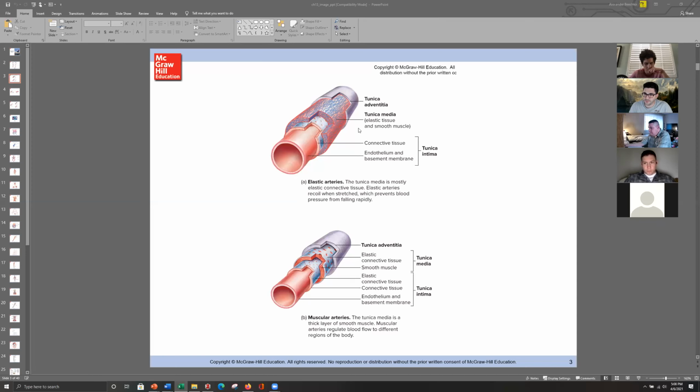So this is where we have the smooth muscle that makes up kind of the tension component of the vessel, right? So this will be important when we talk about things like arterial pressure, mean arterial pressure, and things that can affect, like hypertension or contribute to developing heart disease can all be kind of focused around this tunica media, and then also to an extent the tunica intima as well.